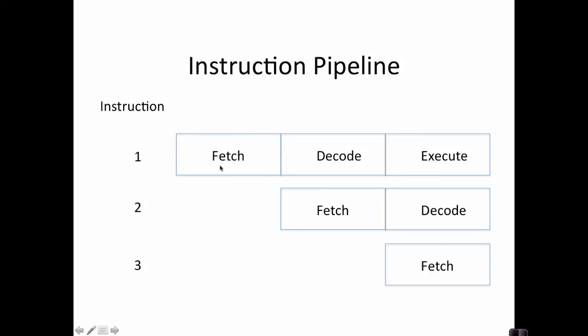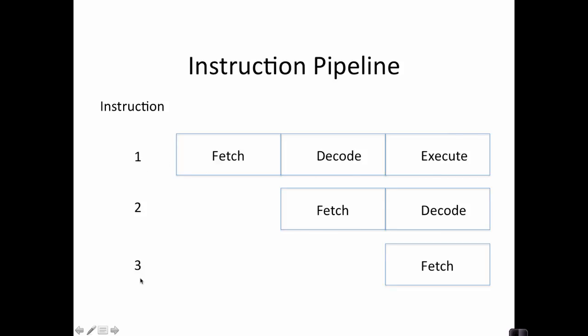In the fetch phase, the control unit in the processor would grab the instruction from memory and load it into the instruction register. In the decode phase, the control unit would configure all the hardware within the processor to actually perform the instruction, and then during the execute phase, the processor would compute the results from the operation.